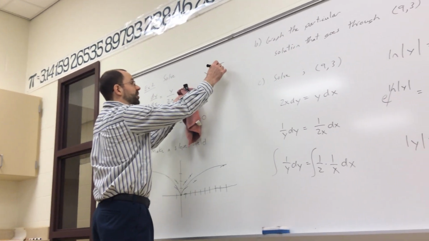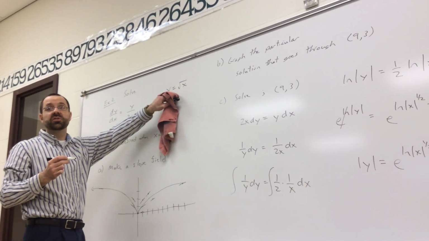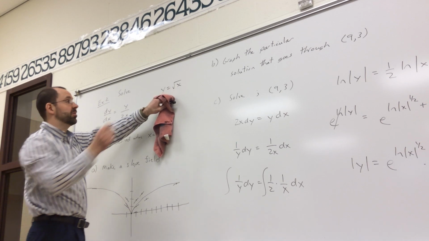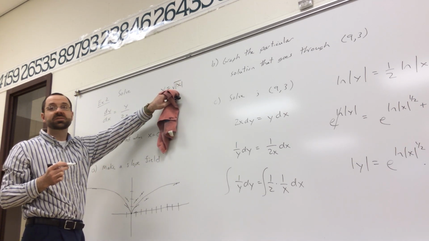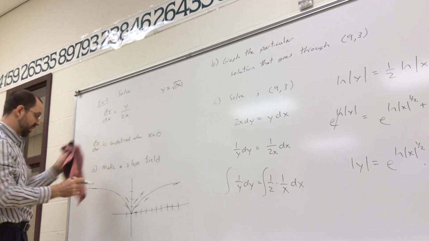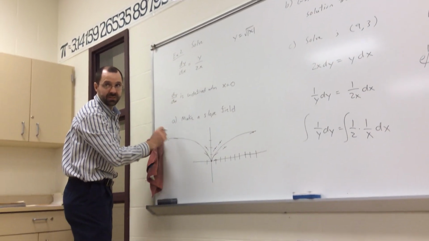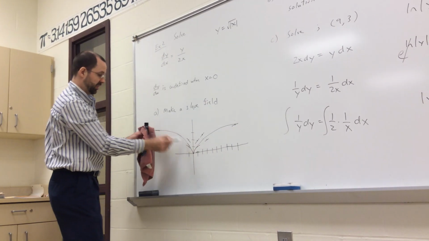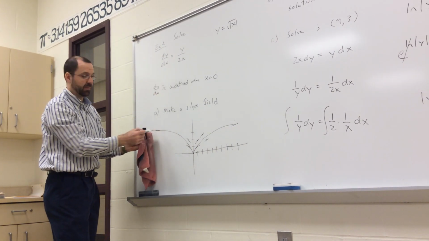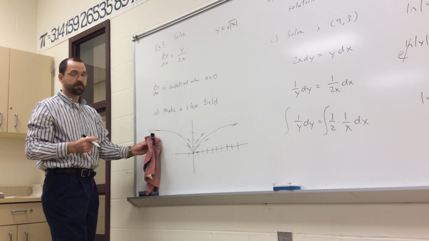For this graph, -4 is not allowed. But for this graph, -4 is allowed. Okay. And it gives you this other half. This would just be y equals the square root of x. This is the other half of y equals the square root of the absolute value of x. Good.